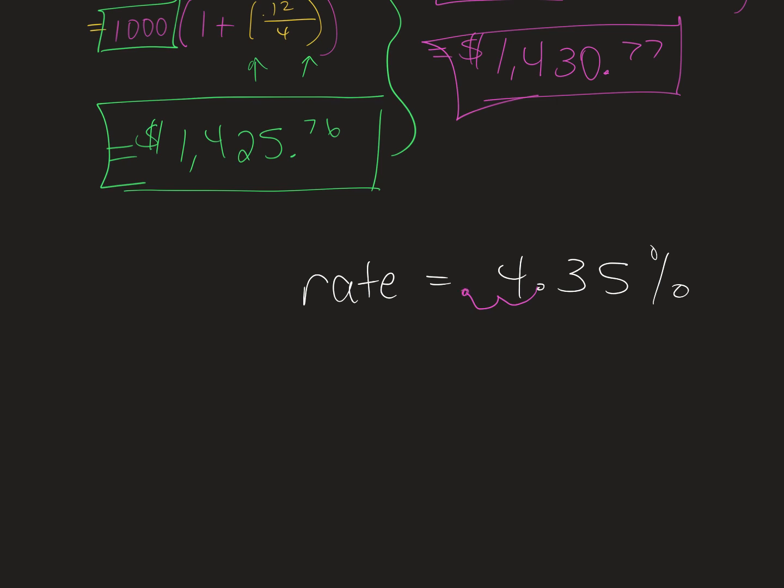So your interest rate for this one will be 0.0435. A very common mistake that I see a lot is you don't change the interest rate into a decimal because you see a decimal point in it. And then when you plug it into your calculator, you get an error message or you get some ridiculously huge number. And that's why, because you didn't change it.